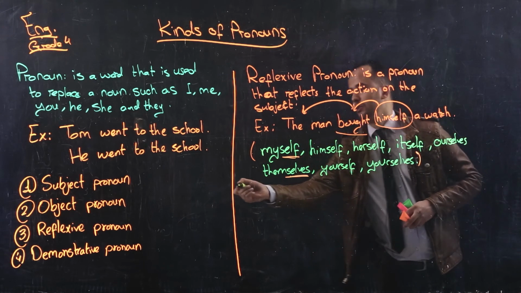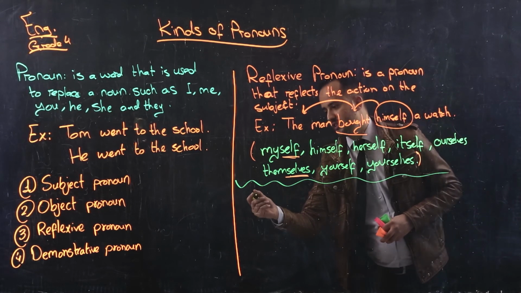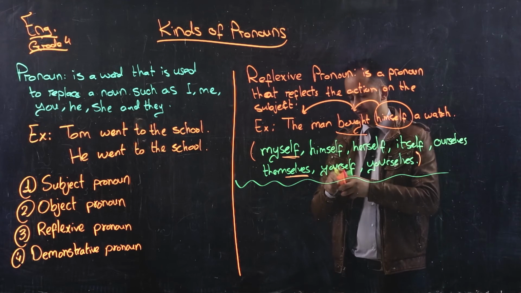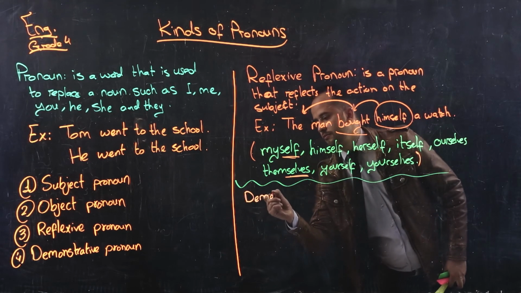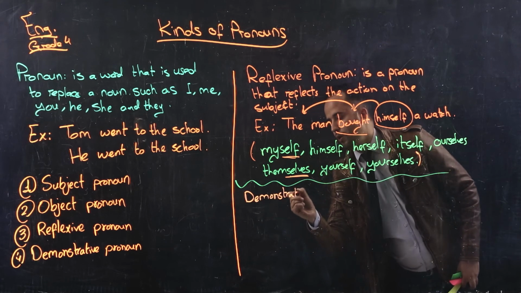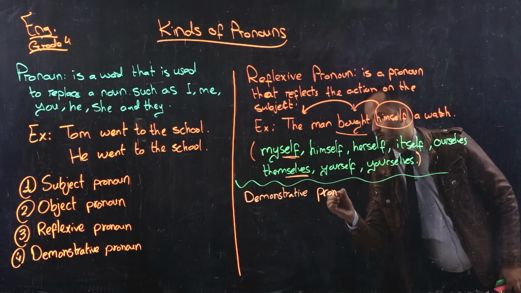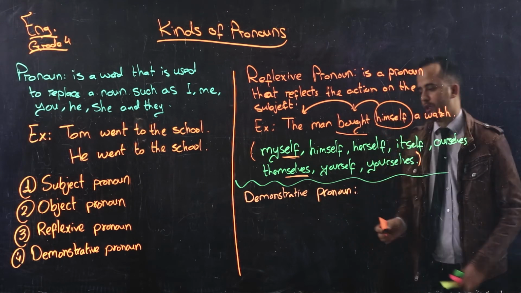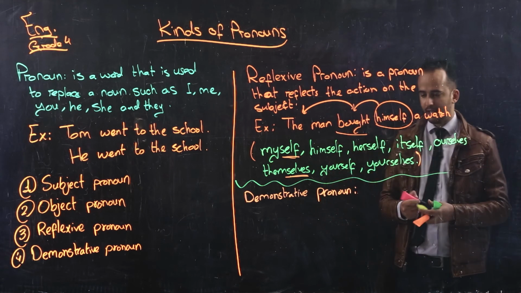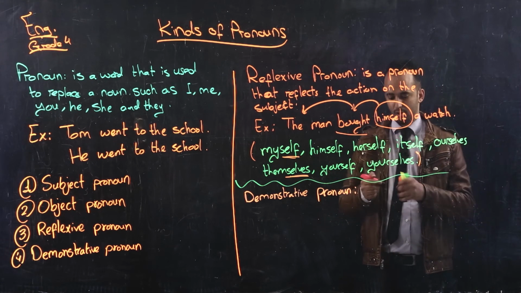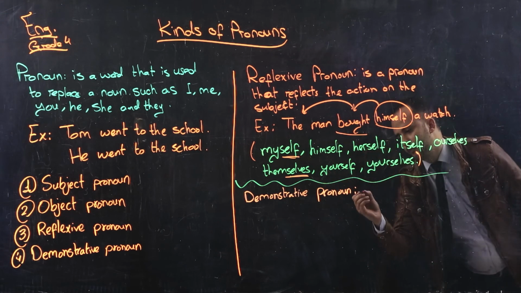Great. Now let's move to the fourth kind of pronouns, which is demonstrative pronouns. What are demonstrative pronouns? A demonstrative pronoun is a pronoun that points out to an object or to a person that is specific.